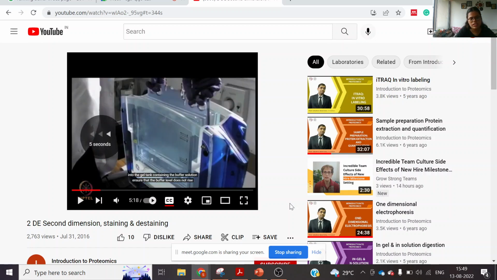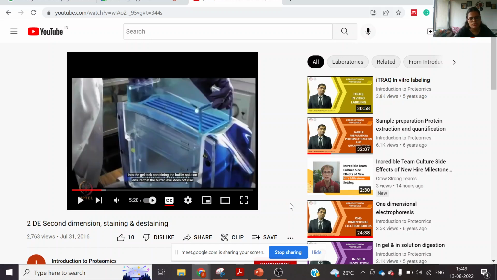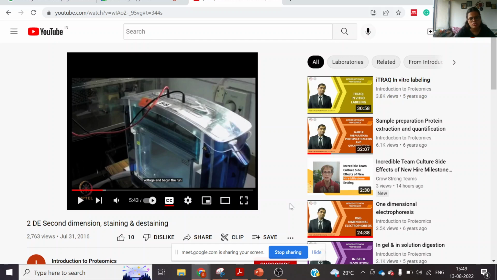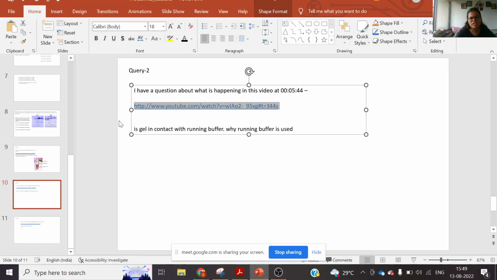So you can see here multiple gels are loaded in the same apparatus, and at the end they are using buffer here. Running buffer is used. So the question is, is the gel in contact with the running buffer?